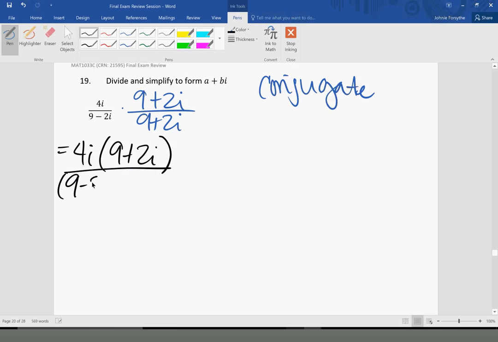At the bottom, we have 9 minus 2i times 9 plus 2i. So at the top, we're going to distribute that 4i. So we have 4i times 9 is 36i.